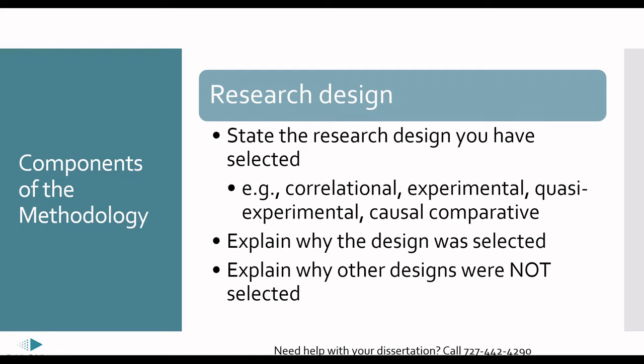So why wasn't an experimental design appropriate for your study? Maybe it wasn't feasible for you to conduct an experimental study, or maybe that does not align with the purpose of your study or your research questions. So you may need to go into explaining why you didn't choose other types of specific research designs.